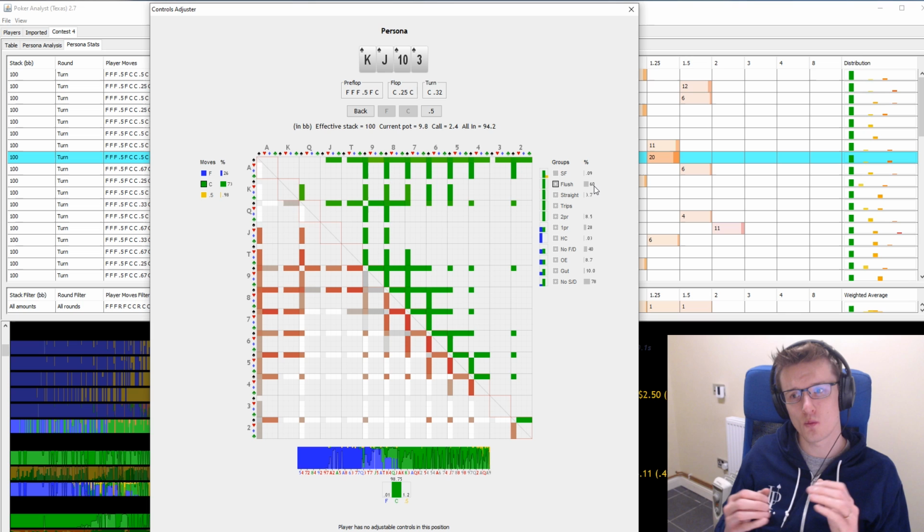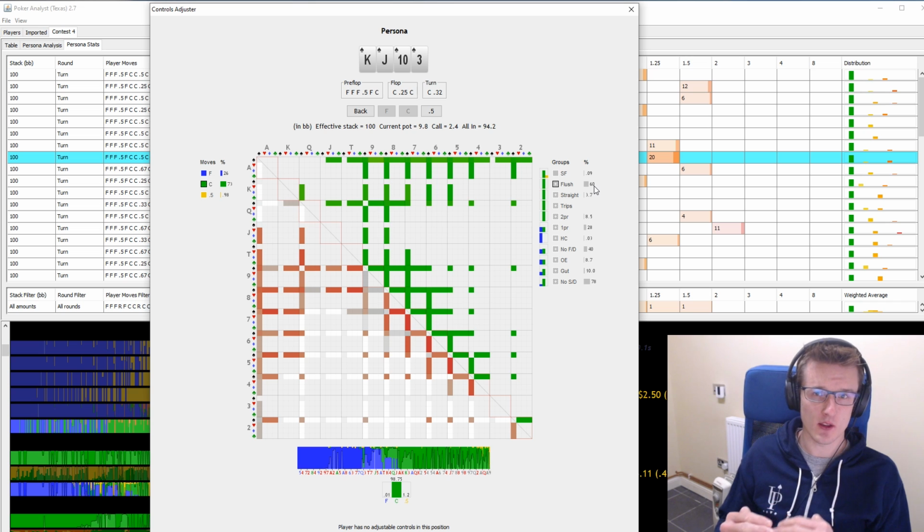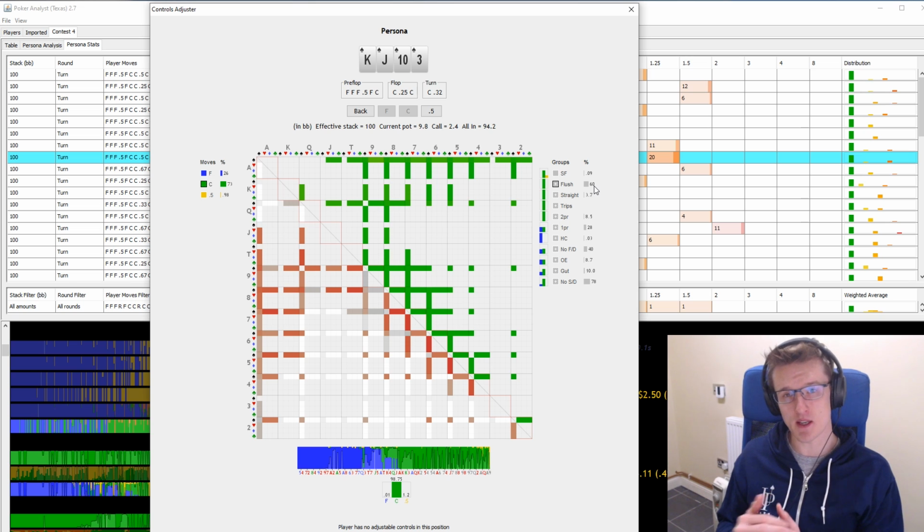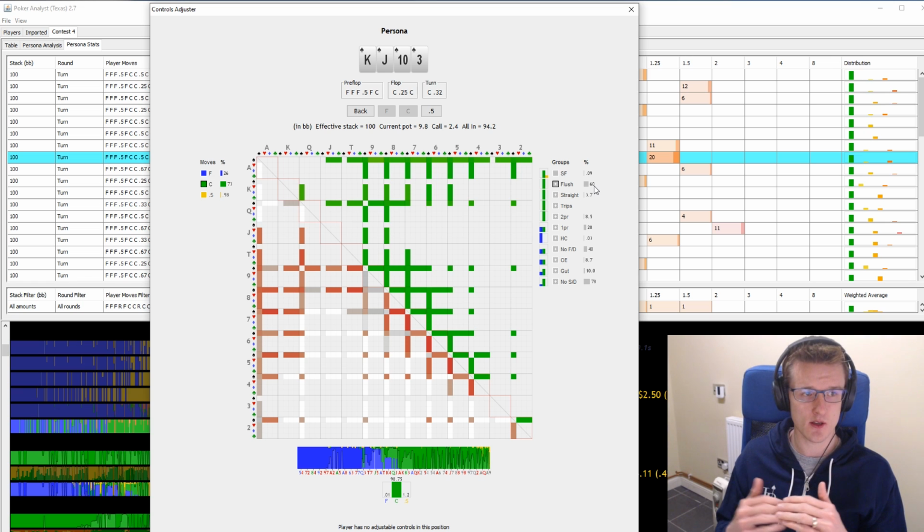So our hands like straights and sets and two pairs and so on are really at a level of strength where we wouldn't be betting them normally. They're too weak. Too many hands that our opponent calls are going to be better than our hand, so we're just not strong at all versus our opponent's continuing range.